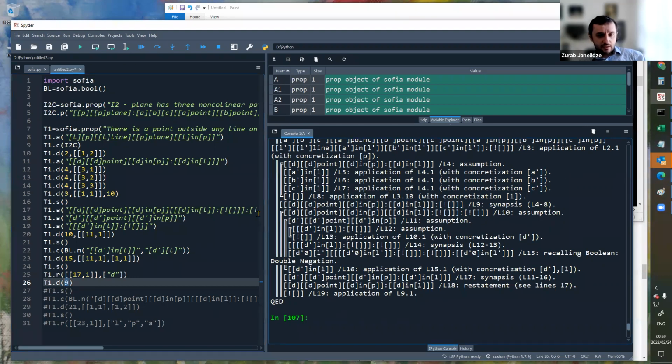But in this case, we didn't. We just told Sophia to apply line 1. And it gave us the result we expected, because as we said before, line 18 is contradicting line 9, because according to line 9, line 18 should be false. And so we're deriving that falsity here. But how come we didn't need to do concretization?